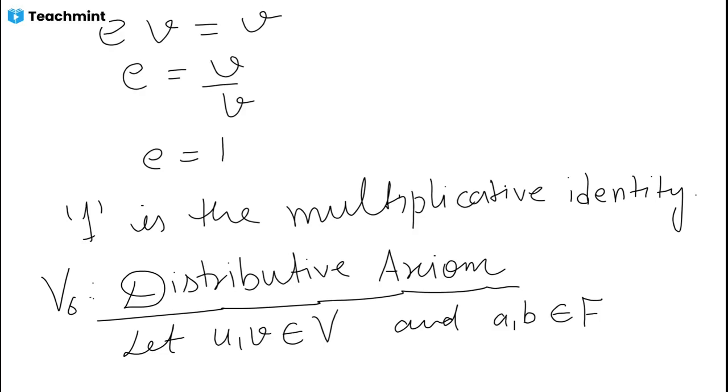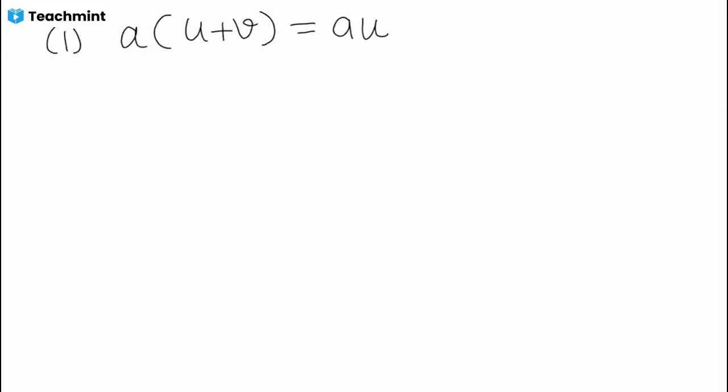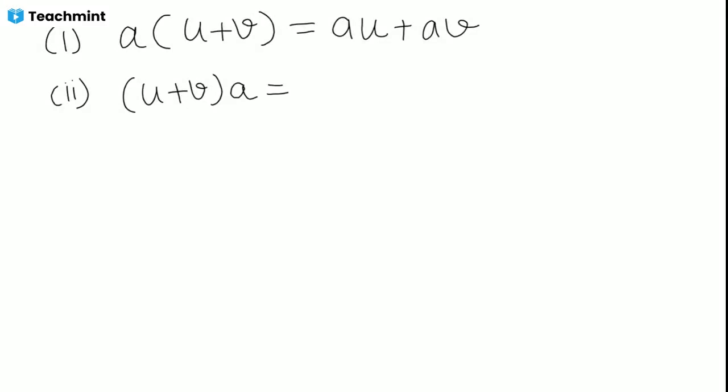So we have the distributive axiom. First, if we take one scalar value and multiply with the sum of two vectors, then we get a into u plus a into v. This is left distribution, and this is right distribution. Most probably we show this; the meaning is same.